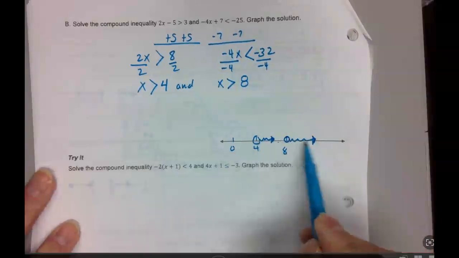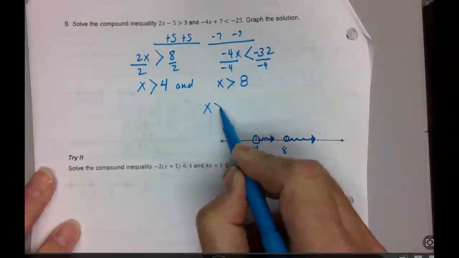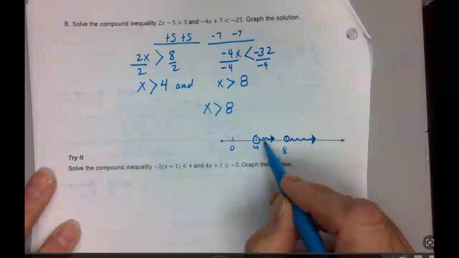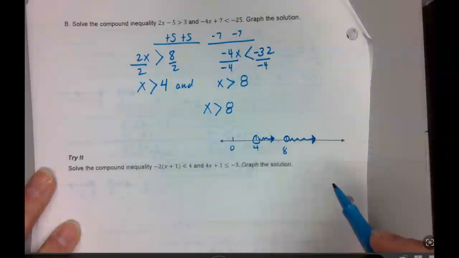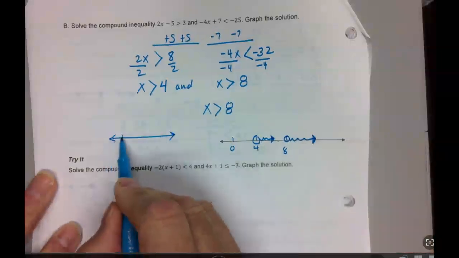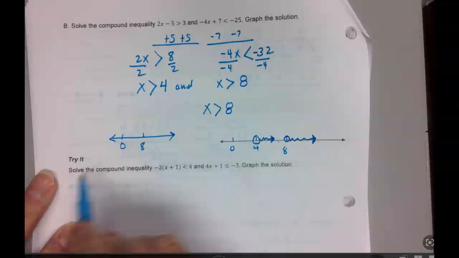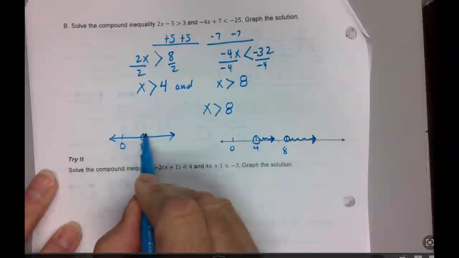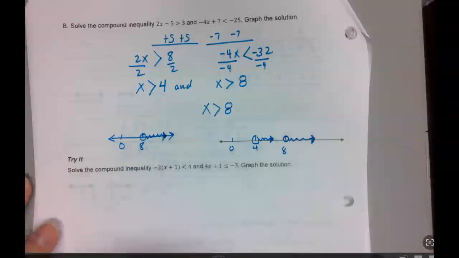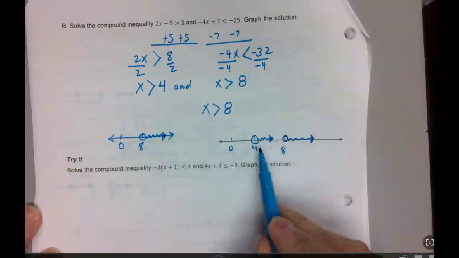So your actual solution would just be x is greater than 8. That's where they intersect. They intersect from 8 over. So your only graph would be an open circle going this way. They do not share points there. If it was an OR, it would go from here over.